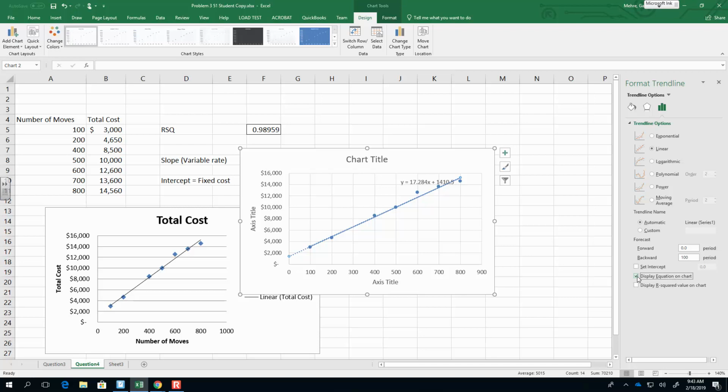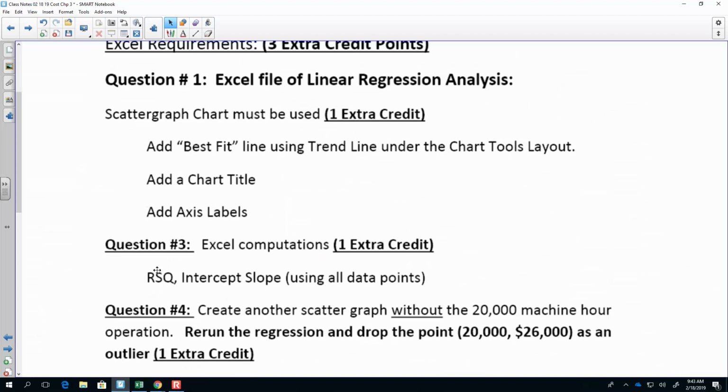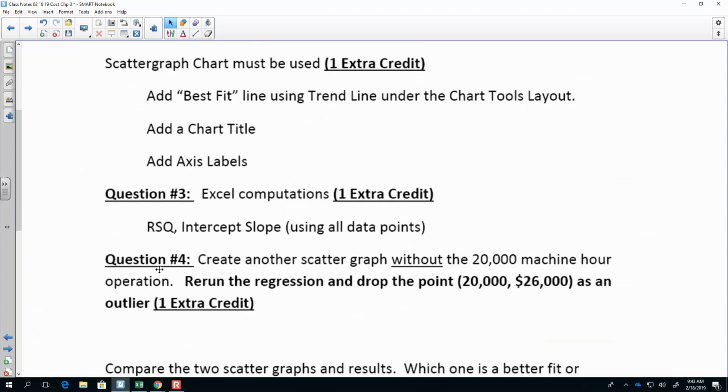You can see the y-intercept, which is the 1410 number. Where does it cross the 0 point? Now, for the 3 points, you have to do that twice. Once with all the data, and then with the outlier excluded. What is the outlier? It's that first observation.